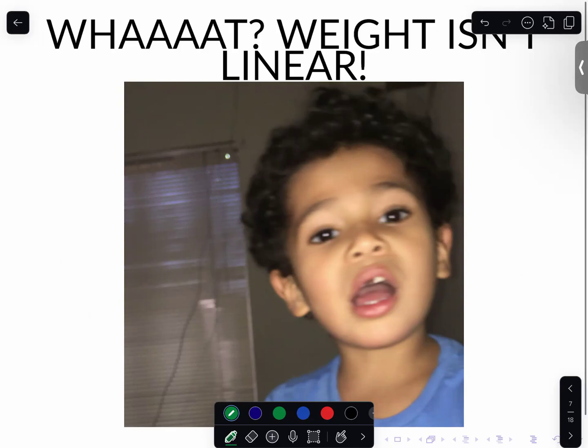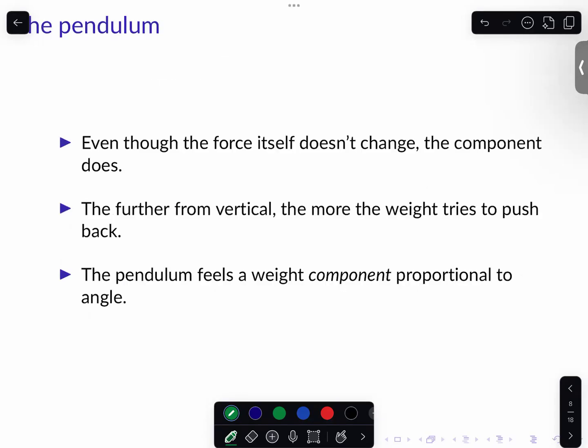Okay, so I can't prove this without trig, but let me say that even though weight itself is constant, as the angle increases or decreases, how much weight is aligned with the turning angular direction does change. Let's do my example with my purse here.